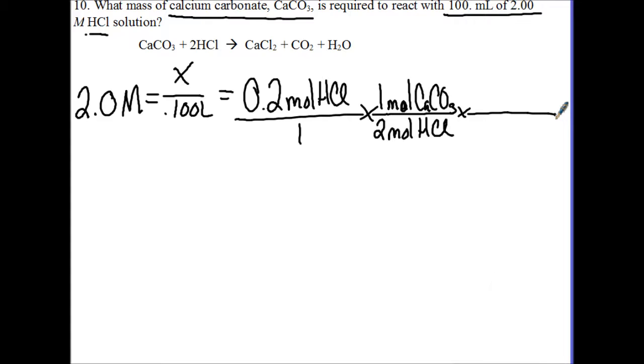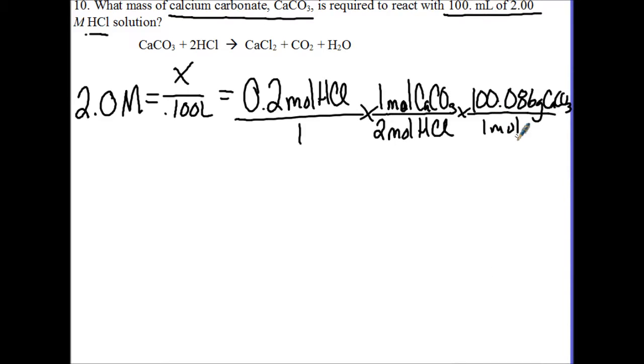So calcium 40.078 plus 12.011 plus 15.999 times 3 gives us 100.086 grams for every mole.